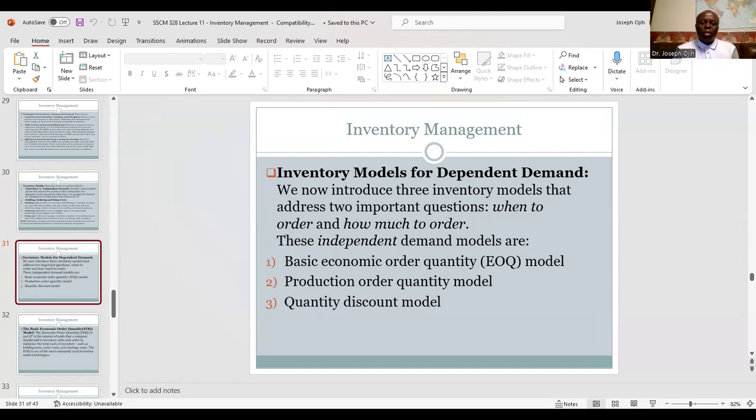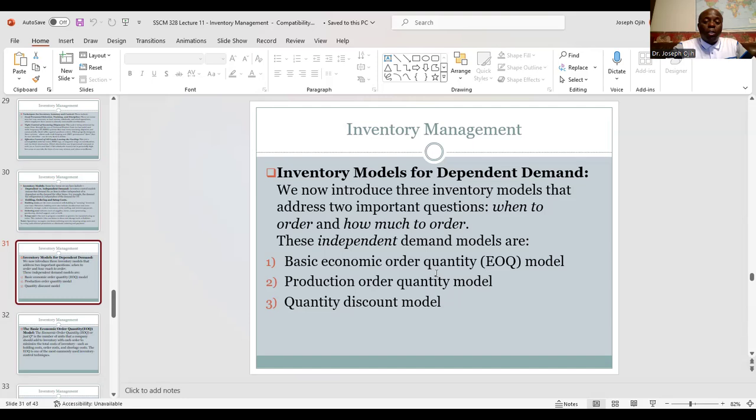When we discuss inventory models, we say that there are three inventory models that address two important questions with respect to inventory management. The first question is when to order and how much to order. Below are three independent demand models.